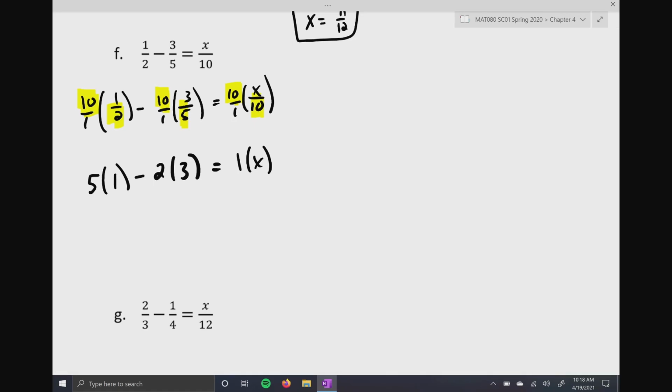The reason why we chose 10 is because we can divide 10 by that denominator, and it simplifies into a whole number, like 5 and like 2. It was easy for us. 5 times 1 is 5. 2 times 3 is 6. 1 times x is x. And I know 5 minus 6 is negative 1.